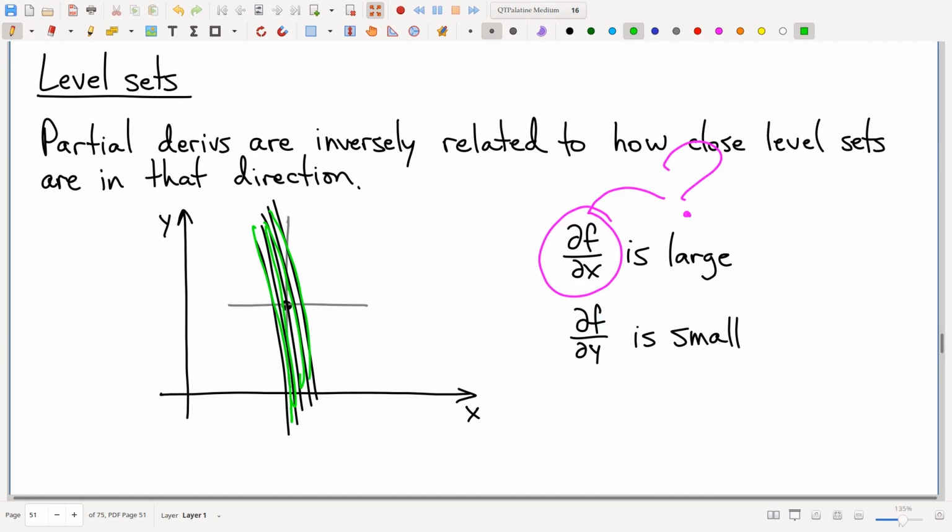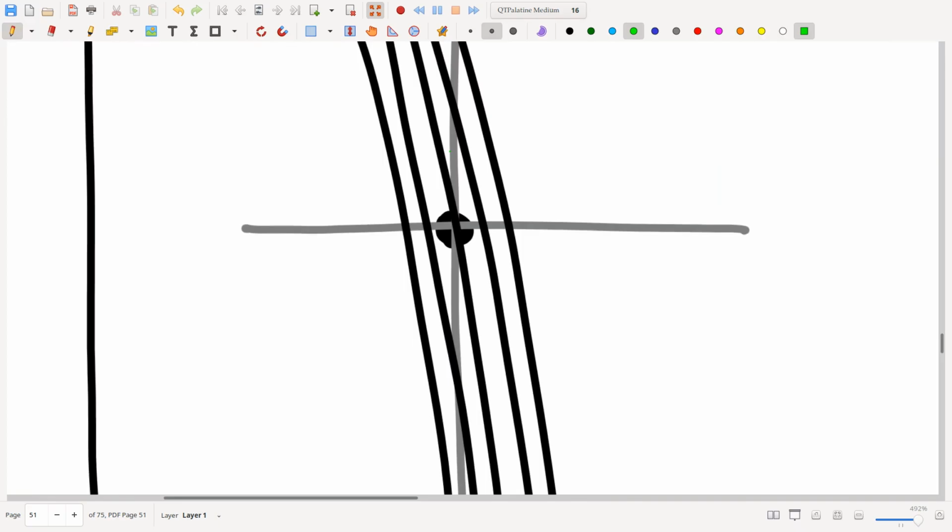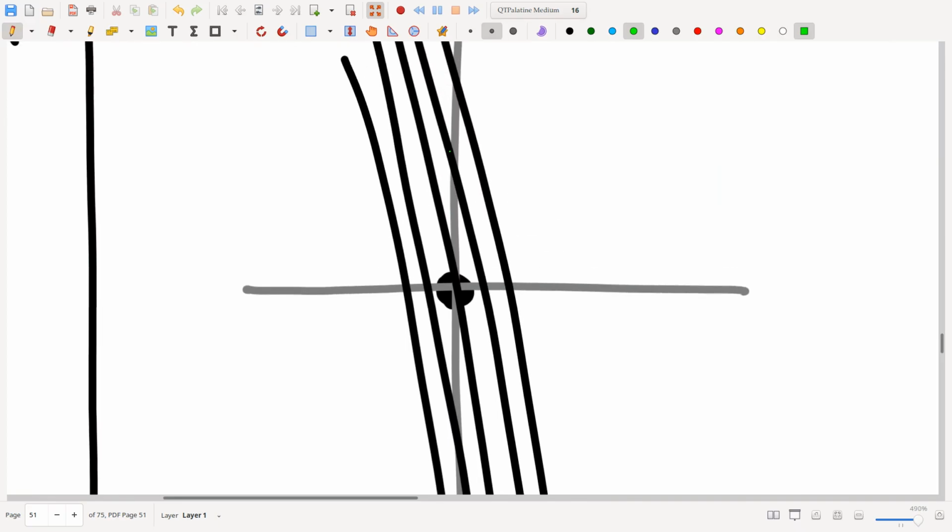So imagine you're out hiking, and what would happen if you were climbing like so? Let me zoom in a little bit here. Hiking in the x direction, between there and there, I just gained 200 feet of altitude over a very short distance.